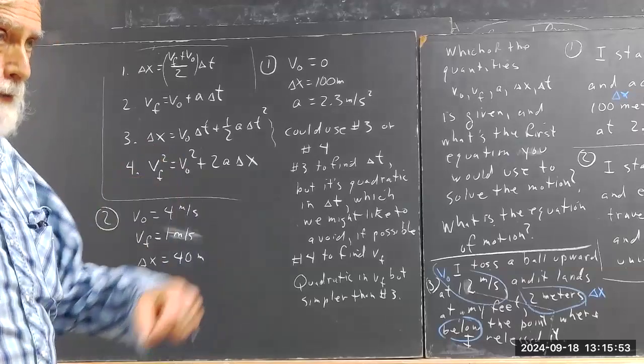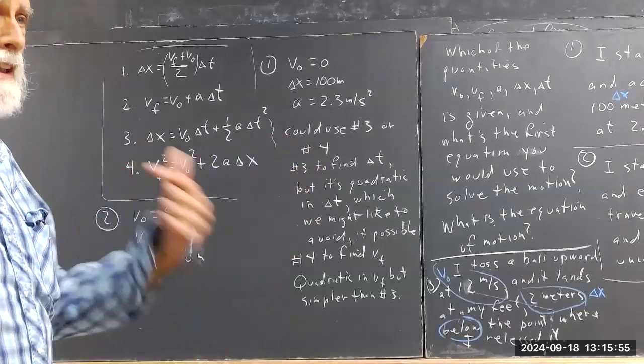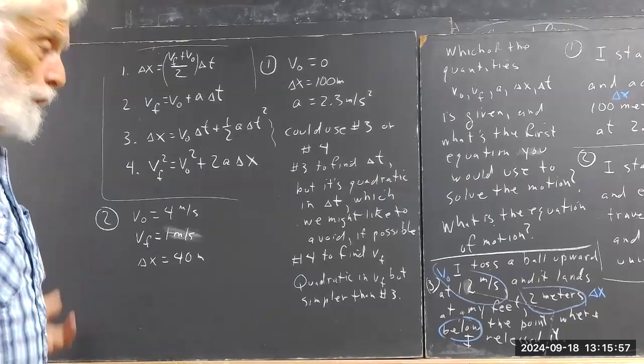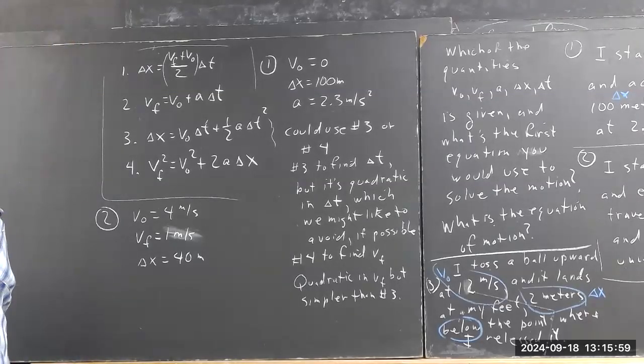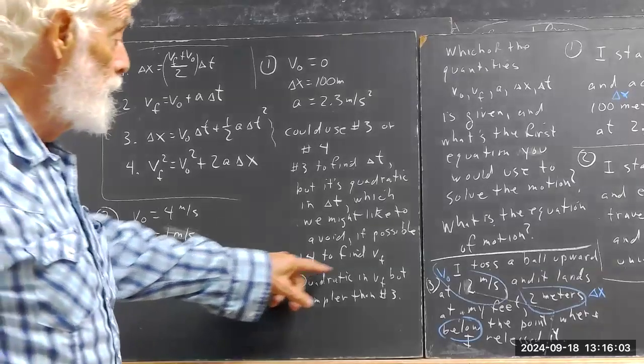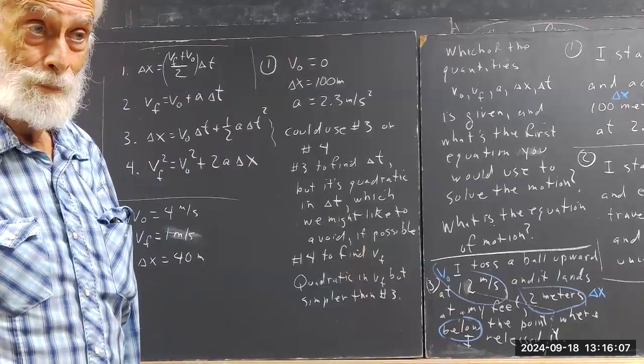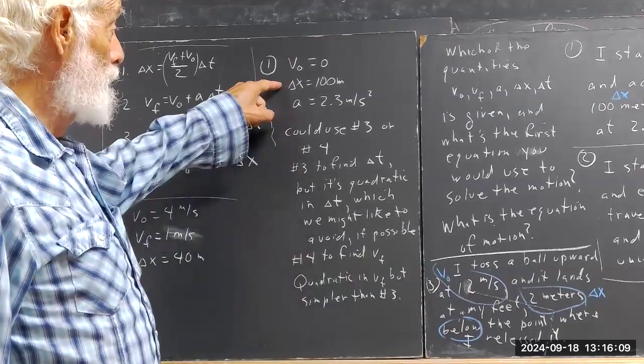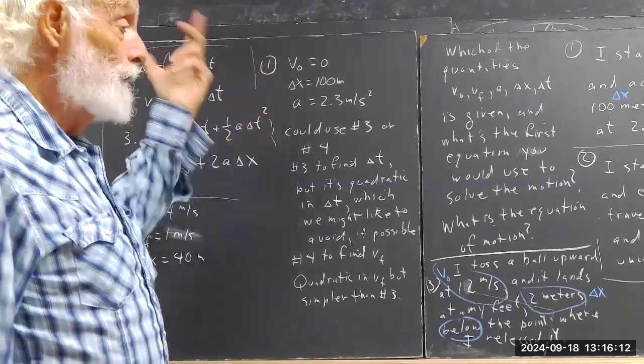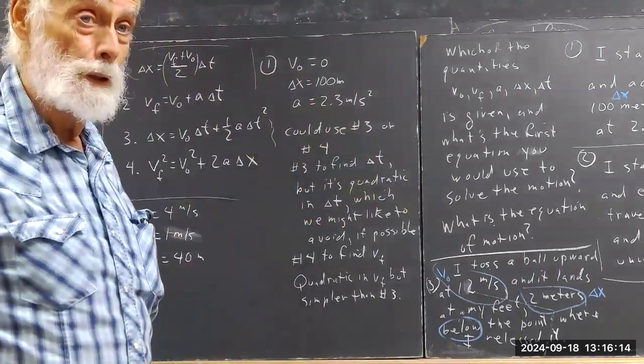If you need an equation for that, you don't. But as an exercise, it's okay to use the equation, but then you want to think, do you really need that equation? Like in this one, if you get vf, then you know v naught and vf, so you get the average velocity. Divide that into delta x, and you get your time, and you don't have to use an equation.